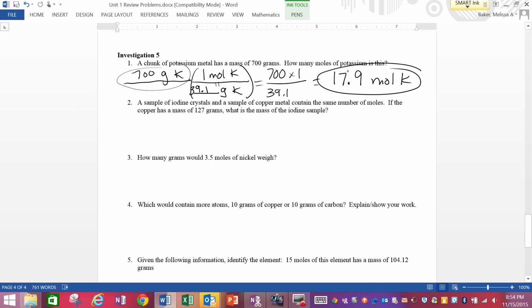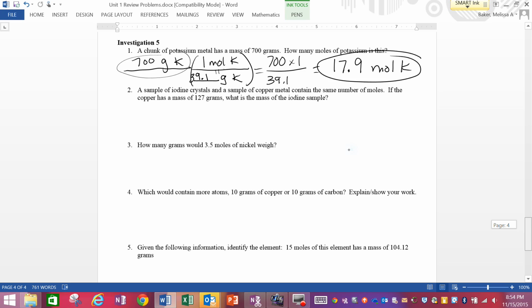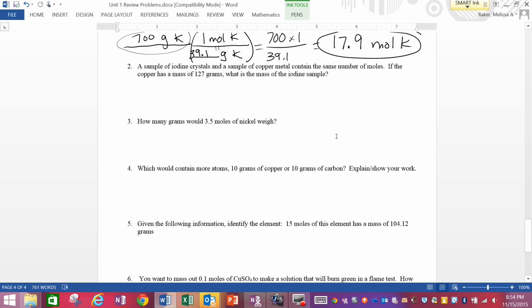Next one. This one's a little tricky. It says you've got a sample of iodine and a sample of copper that contain the same number of moles. If the copper has a mass of 127 grams, how much does the iodine sample weigh? Let's start by writing what we know. 127 grams of copper.